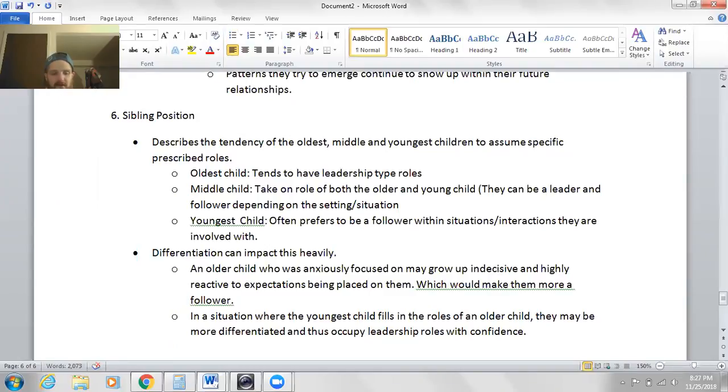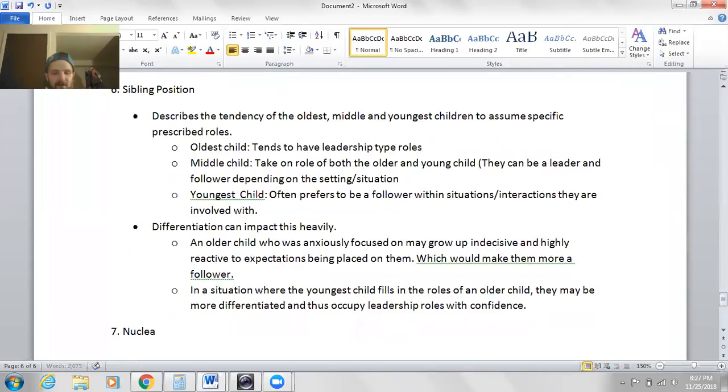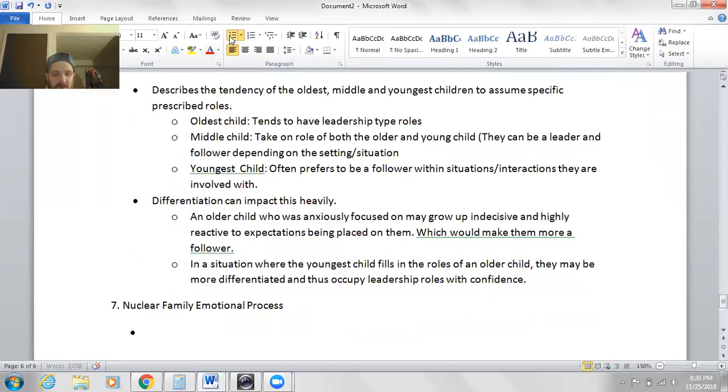And then the seventh characteristic, the nuclear family emotional process. So what does this mean?